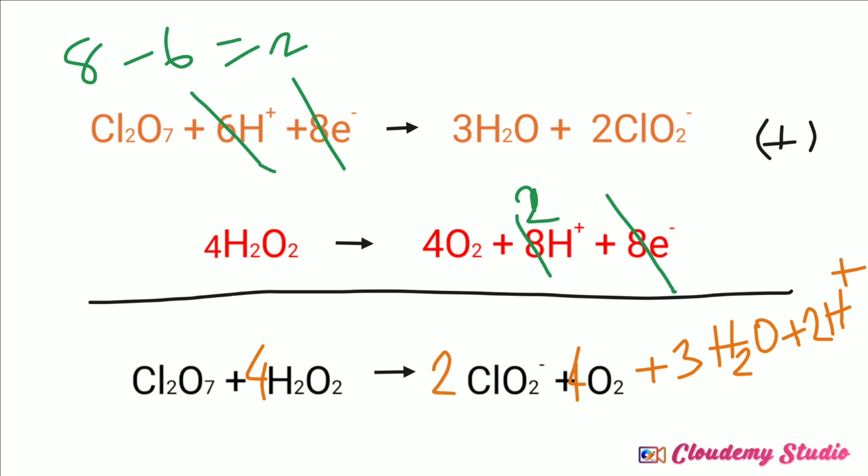If the reaction takes place in basic medium, after the addition of the two half reactions, if we have hydrogen ions in the resultant equation, then we need to add hydroxide ions on both the sides of the equation. So that we can work out on the next page.